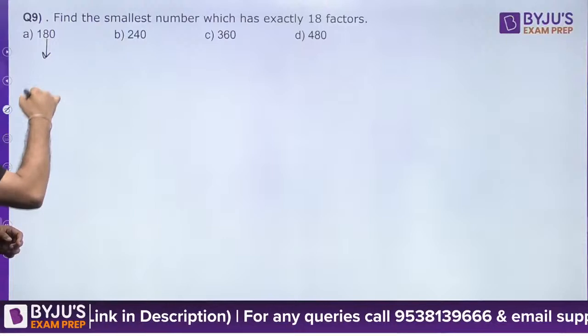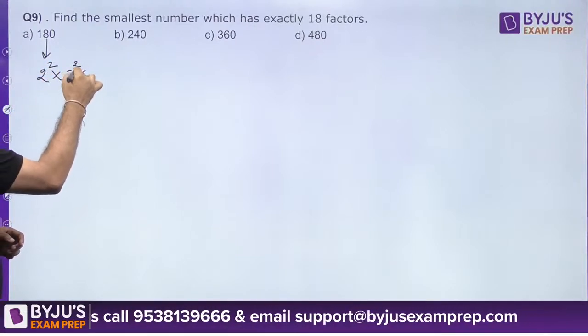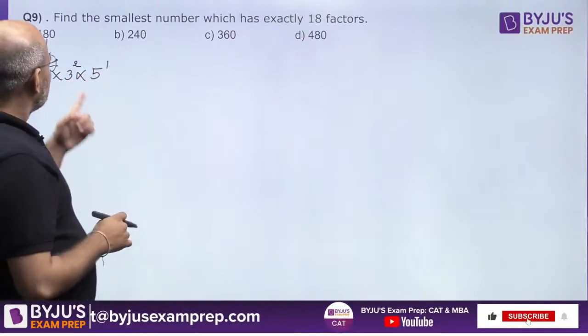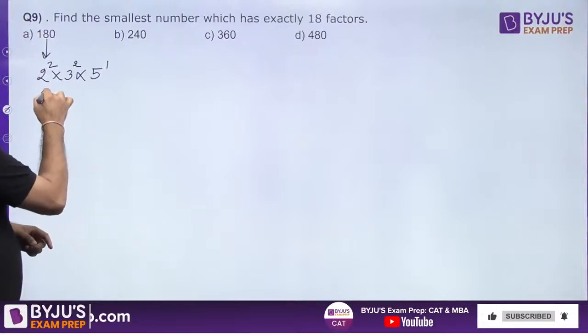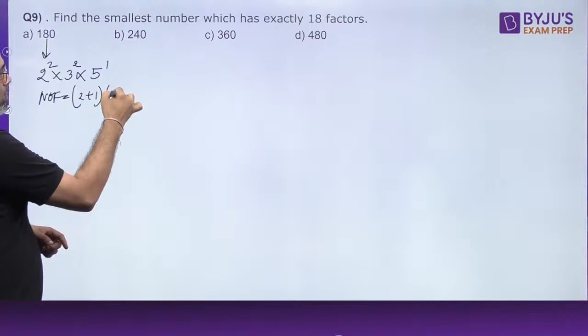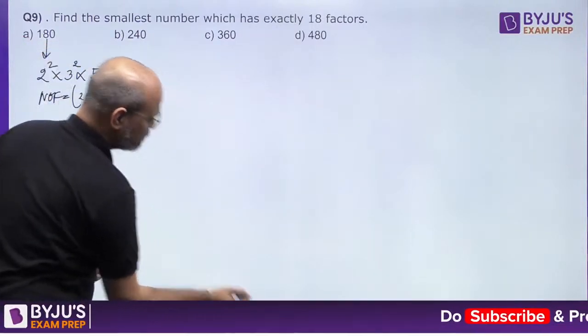180 can be prime factorized as 2 square into 3 square into 5 to the power 1. Okay. So the number of factors can be written as power plus 1 into power plus 1 into power plus 1.